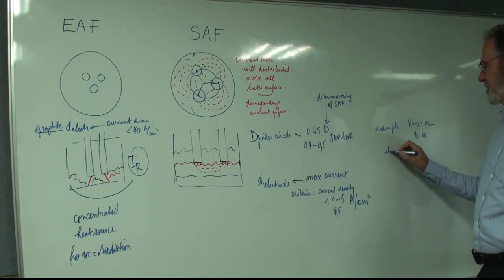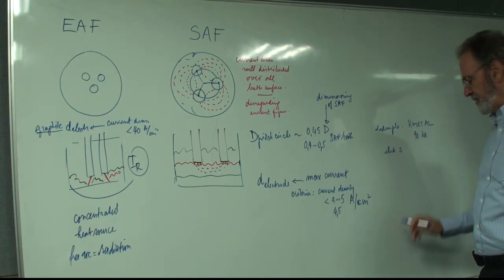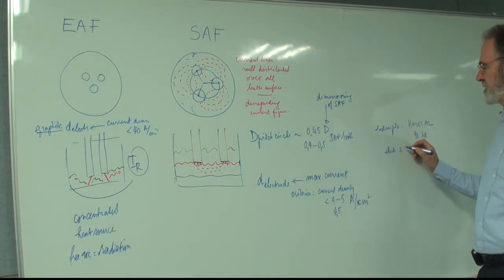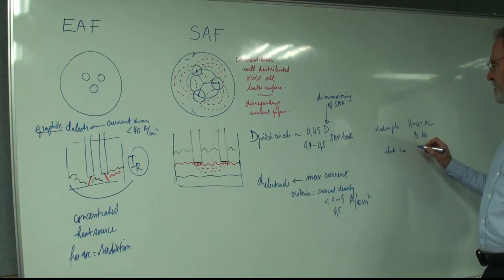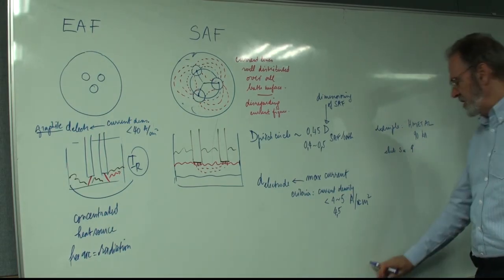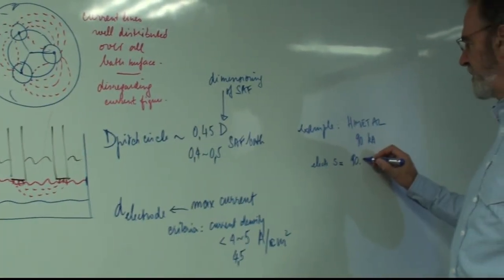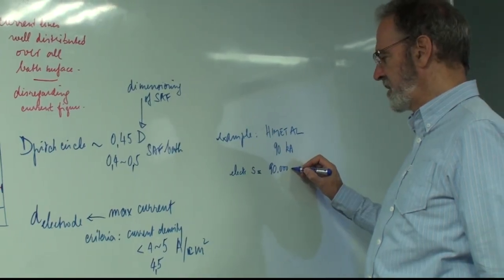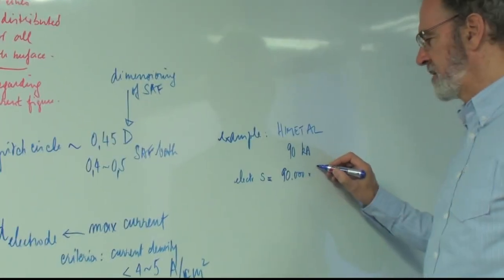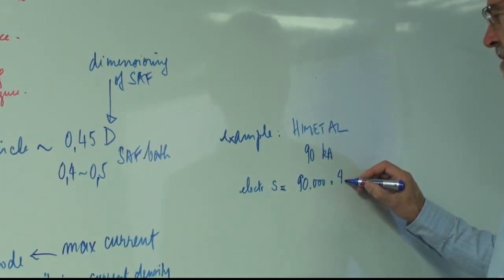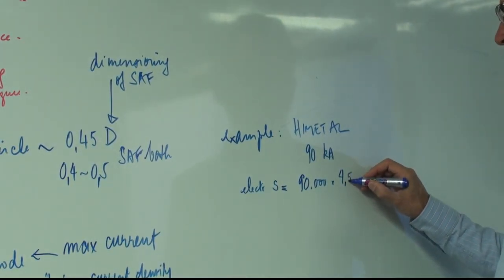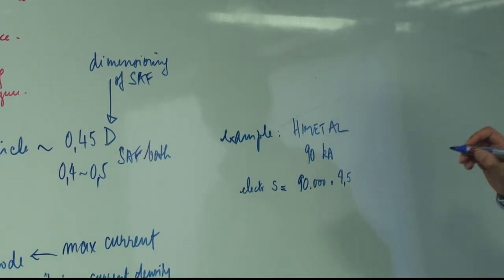The electrode, what do you say, the surface section is 90,000 times 4.5, and these are square centimeters.